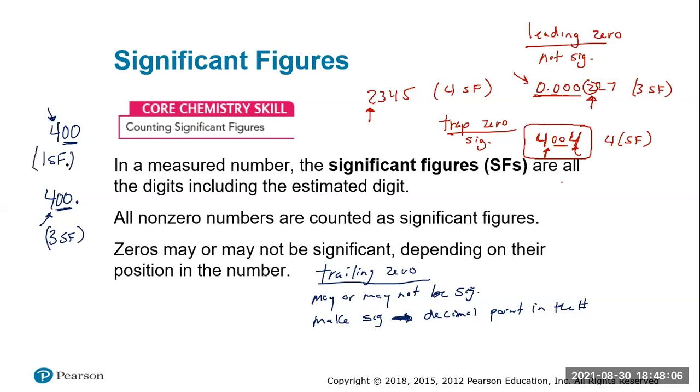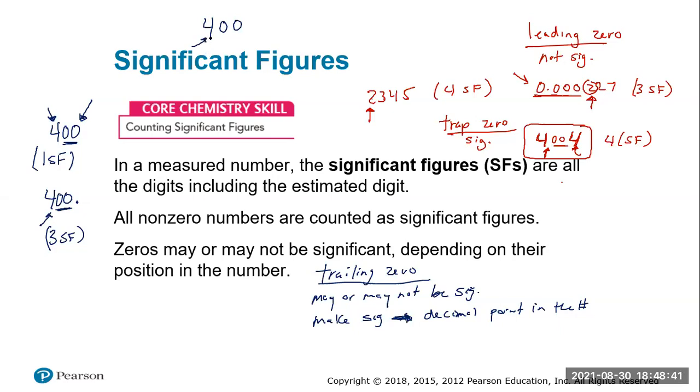Question on that one there. Professor, I still don't understand why the first one that you just placed was only 1 significant figure. So when it is written like this, if it was a measurement and nobody wrote a decimal point in this number, it actually would have 1 significant figure, and it would be just the 4 here.